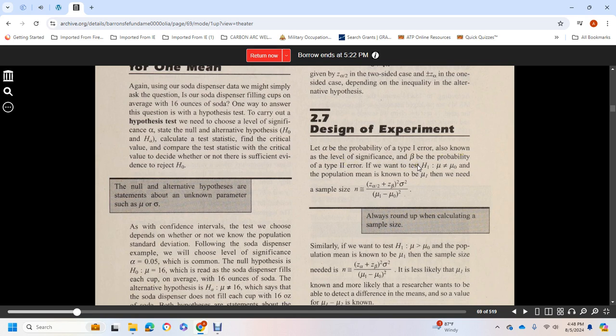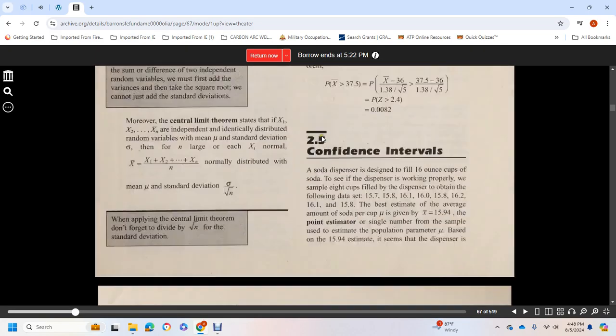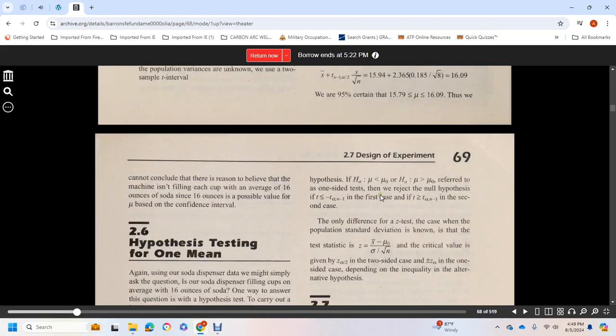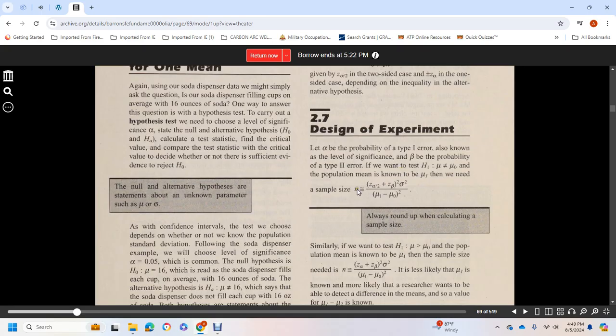If you want the hypothesis test of the null mu equals mu 0 against the alternative mu not equal to mu 0, where mu 1 is the alternative population mean, then you need the sample size n to be greater than or approximately equal to z alpha over 2 plus z beta, squared, times sigma squared, over mu 1 minus mu 0, squared.